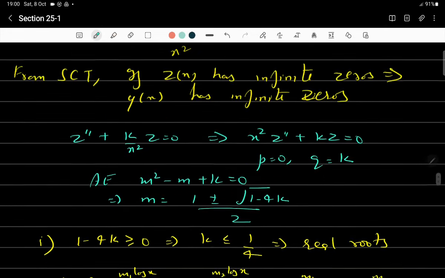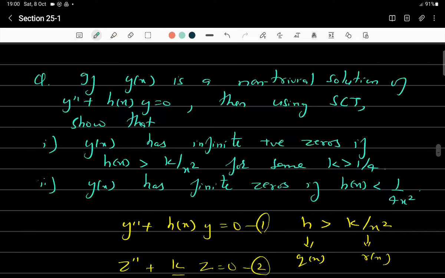Yes, so using the Sturm comparison theorem, we managed to prove y(x) has an infinite number of zeros.